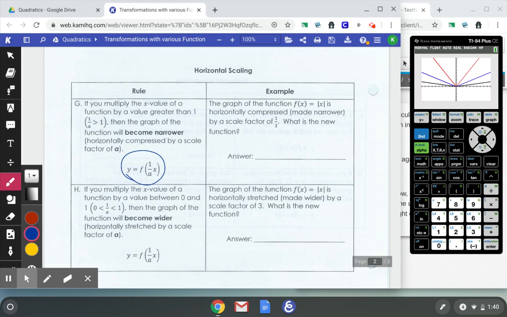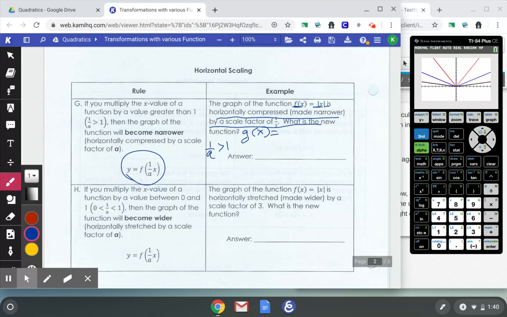Let's look at the graph of function f of x is the absolute value of x. It is horizontally compressed or made narrow by a scale factor of 1/3. What is the new function? In this case, I have g of x equals. Now, this is saying that 1 over a is greater than 1.